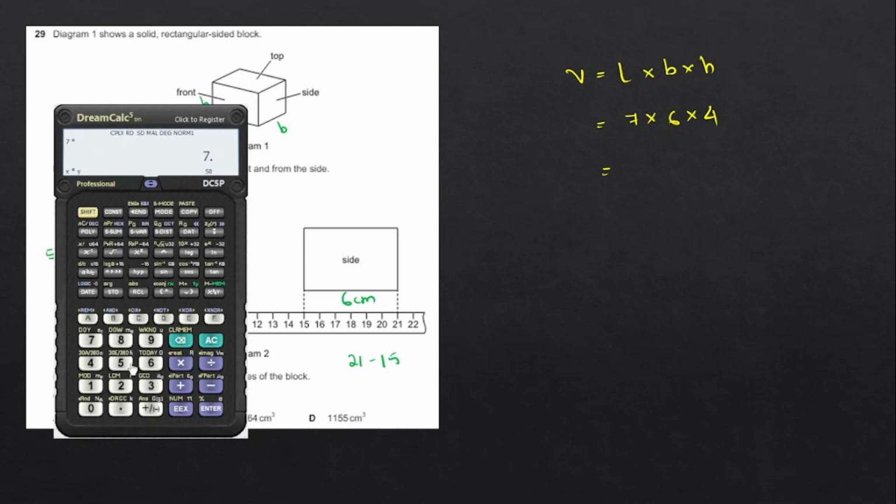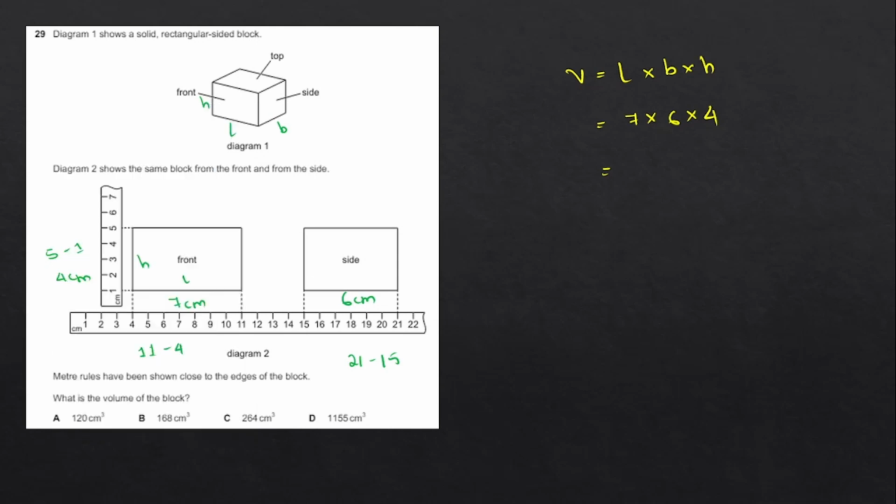Seven times 6 times 4 is 168. 168 cm cube will be the volume of this cuboid. So the correct answer is option B.